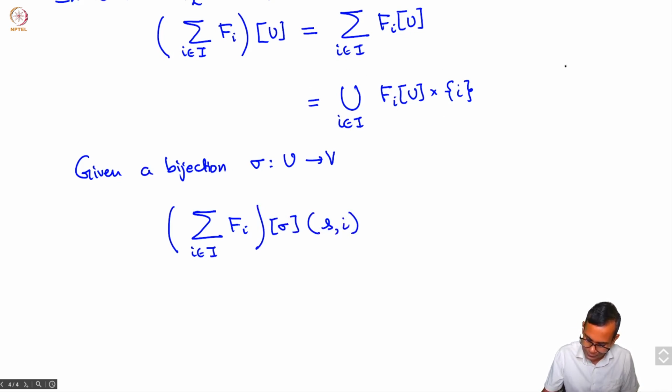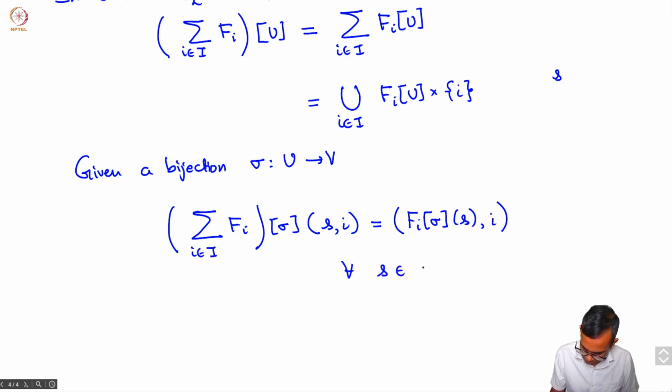So this means that S belongs to F_i(U). Then this will be (F_i(sigma)(S), i) for every S belonging to F_i(U). And it's not difficult to check that this is actually a species of structure.